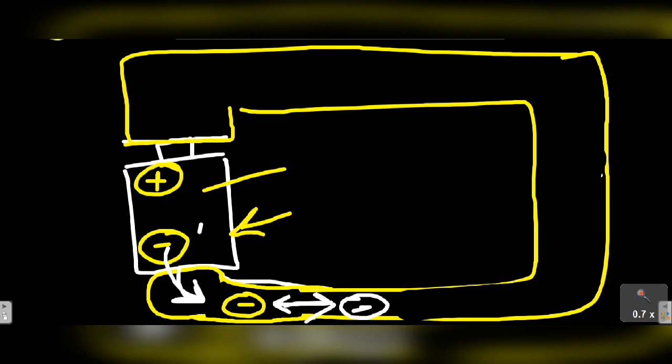So in this case it is this electron which is in the wire which will be forced to move because it has got no external force that is backing it up. Why? Because it has not come outside the battery. It was initially in the wire.